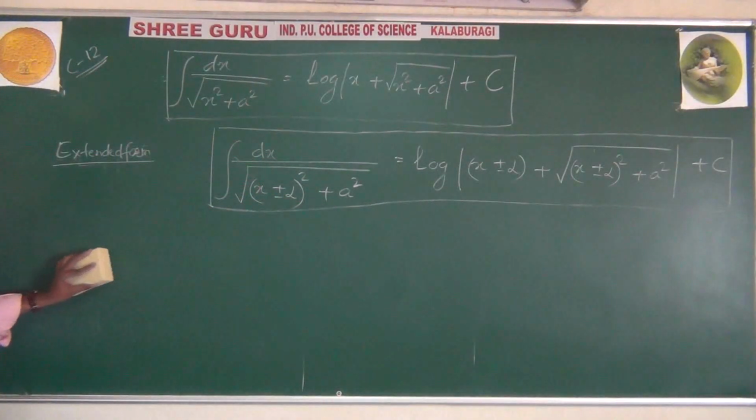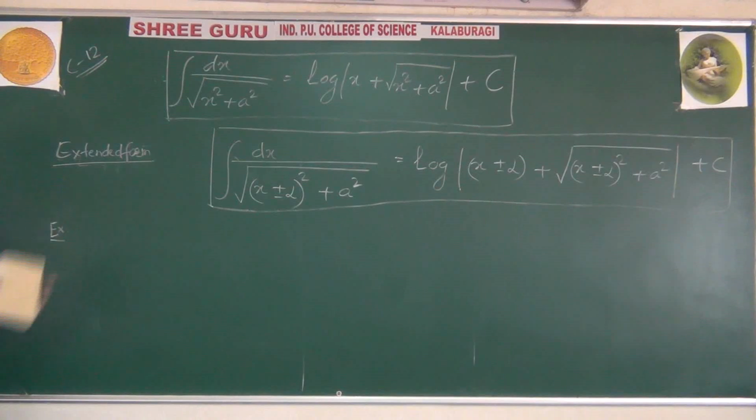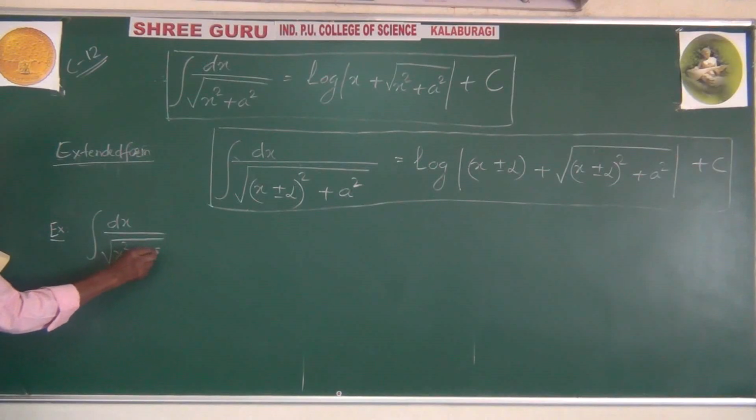So you write, for example, how this formula we are going to use in the coming problems. For example, integration dx divided by square root of x square plus 49.